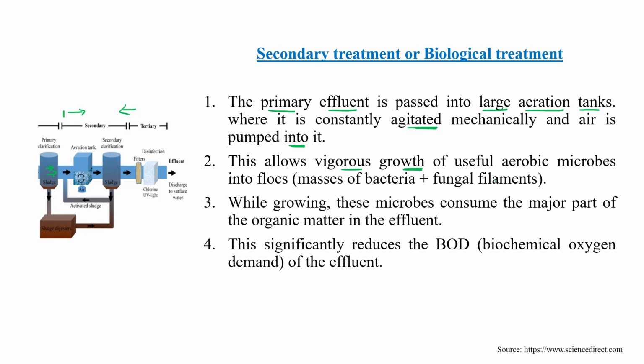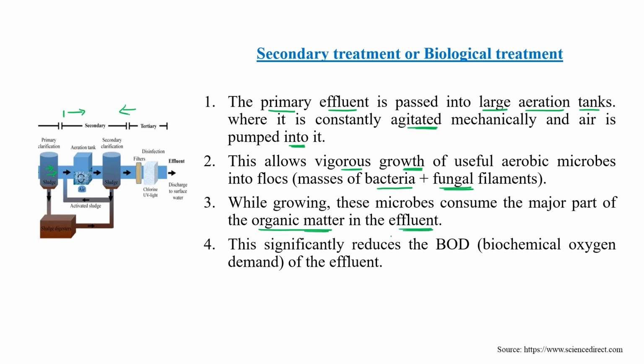This air allows vigorous growth of useful aerobic microbes into the flocs, and these microbes are bacteria as well as fungus, so they contain masses of bacteria as well as fungal filaments. While growing, these microbes consume the major part of the organic matter already present in the effluent.